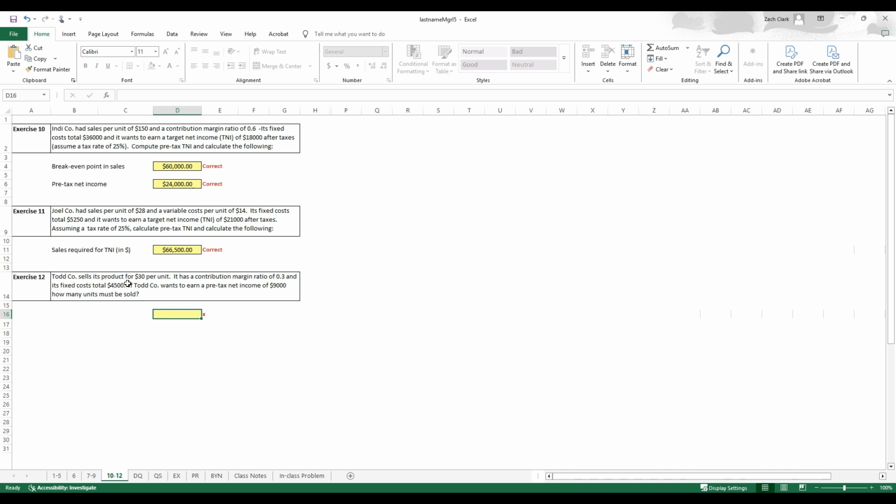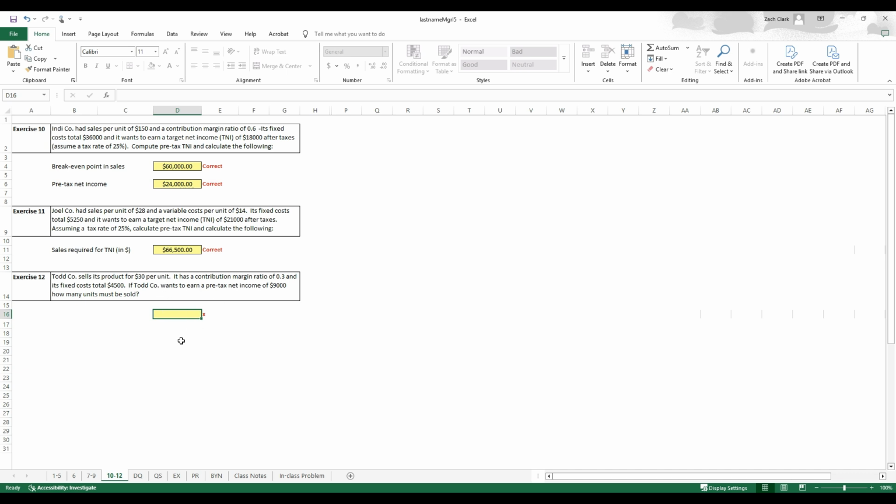Todd Company sells its product for $30 per unit. There's a contribution margin ratio of 30%. Fixed costs are $4,500. If we want to earn a pre-tax net income of $9,000, how many units must be sold? Here we can first figure out our contribution margin per unit.